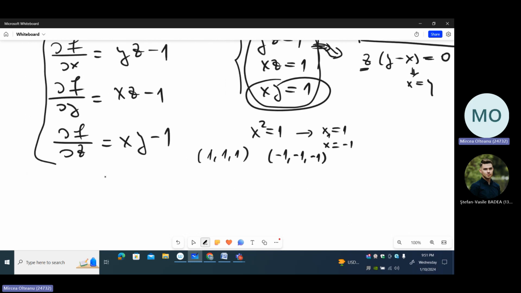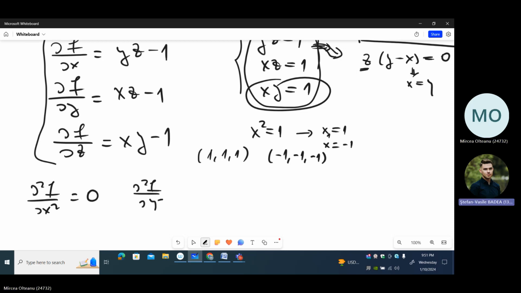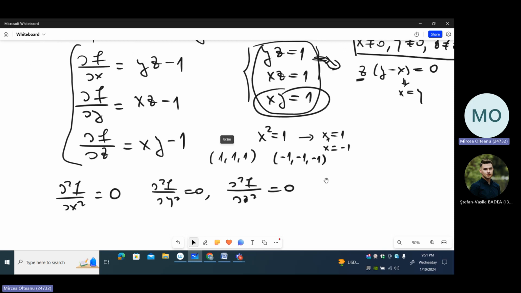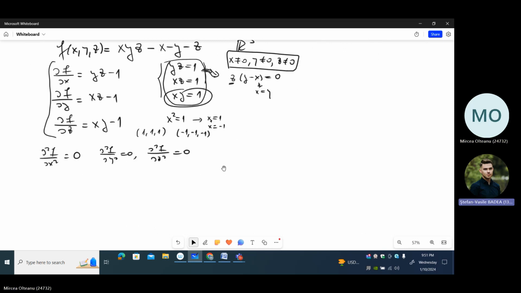The second order partial derivatives: on the main diagonal, we shall have 0. Now what do we have on the other positions? For dx dy, for example, this one will be z.